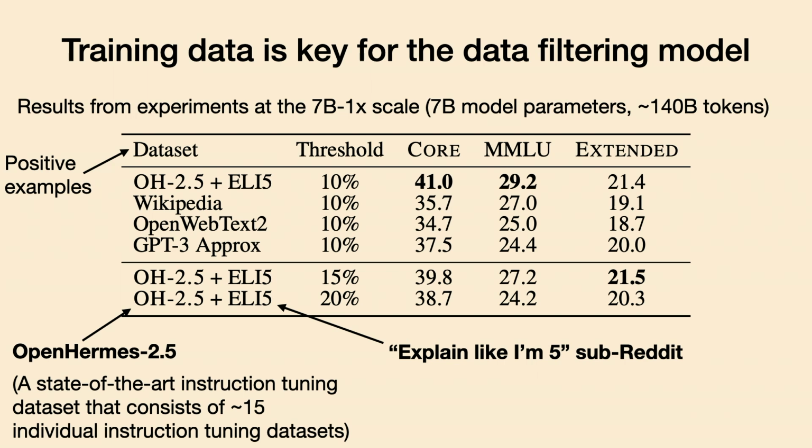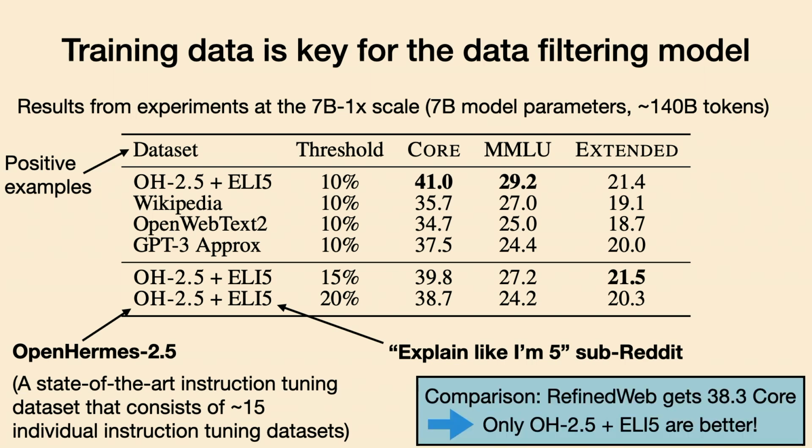Open Web Text 2, this is GPT-2 basically, and then an approximation of the GPT-3 training data. And what you see here is that, concretely, this Open Hermes plus explain like I'm 5 positive example, the corresponding classifier, does much better than all of the other data filtering approaches that people had tried before.